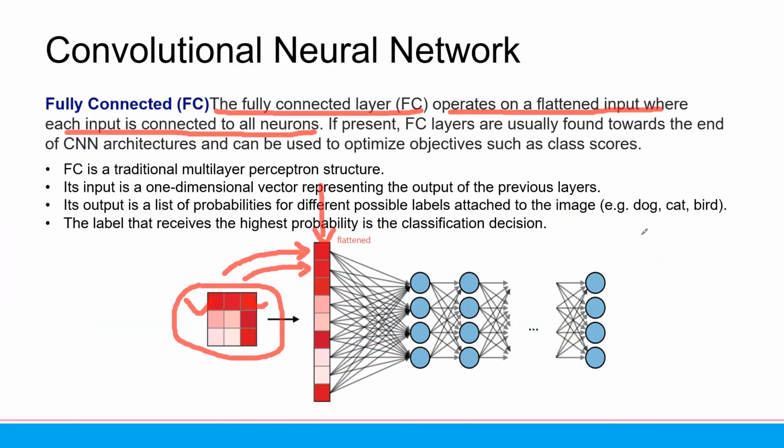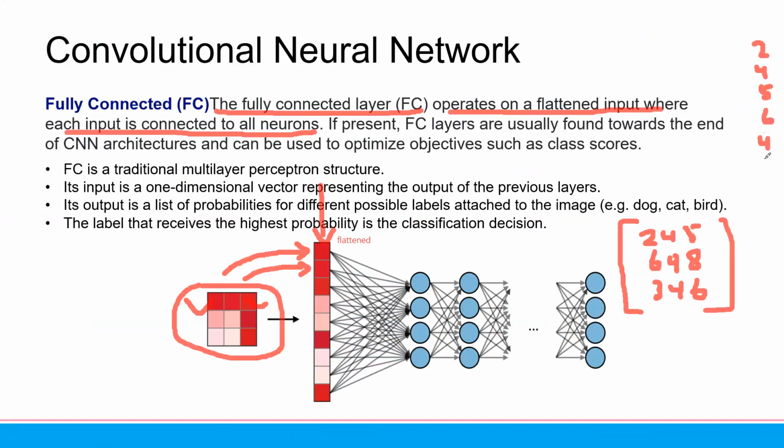So for example, if I have the numbers 2, 4, 5, 6, 9, 8, 3, 4, 6, this is a 3 multiplied by 3 matrix. Then I can flatten it. So the result will be 2, 4, 5, 6, 8, 4, 8, 3, 4, 6, something like this.